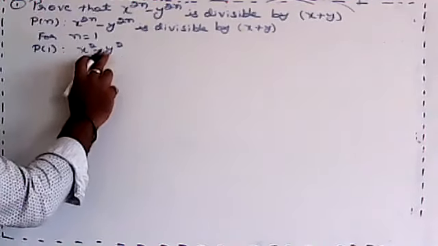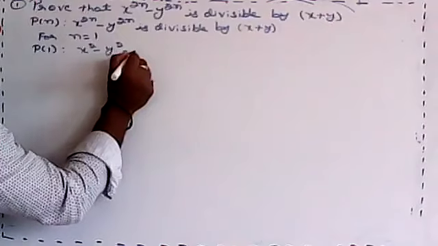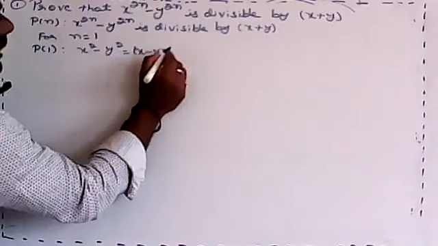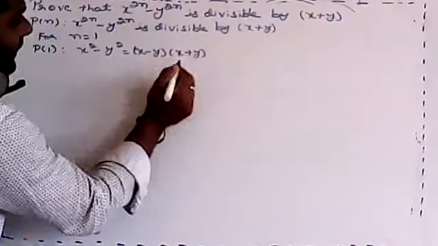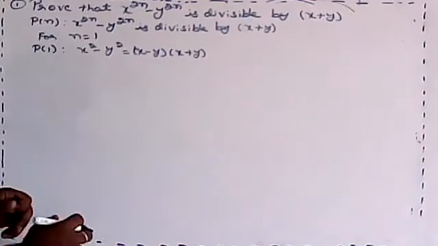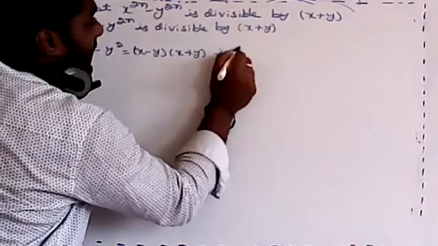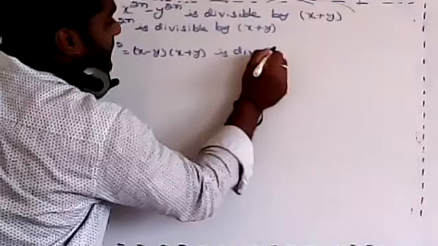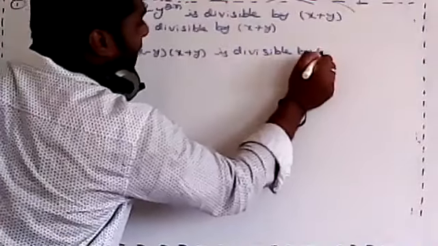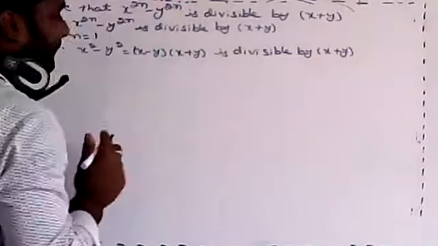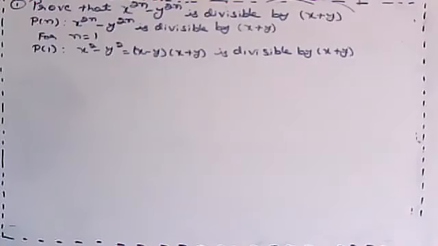Because it is in the form of a square minus b square, which is nothing but x minus y into x plus y. Right, Prithvi? So it is divisible by x plus y.